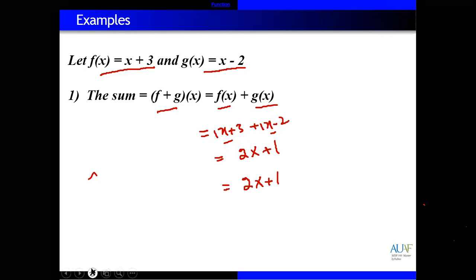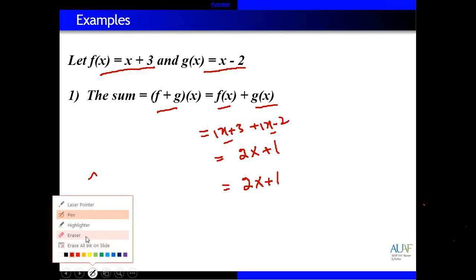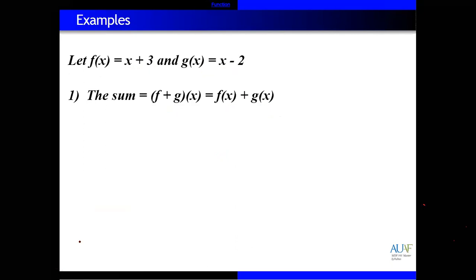Same, if we have three functions, four functions, similarly we can add. Let's suppose another example, we have two functions, f of x is equal to 3x square plus 3x plus 3. Second function we have h of x, and h of x is equal to 6x square minus 11x plus 10.